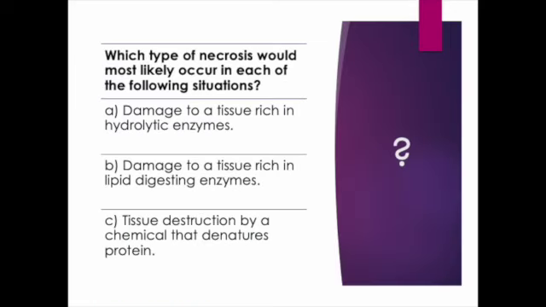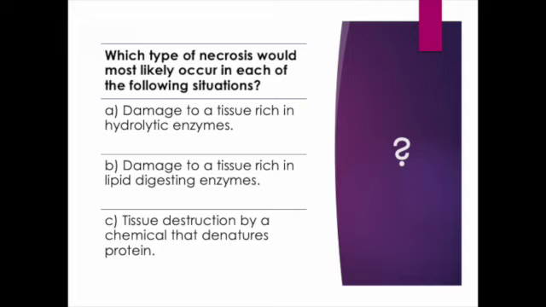So what type of necrosis would most likely occur in each of the following situations? If we have damage to a tissue that's rich in hydrolytic enzymes, what type of necrosis would that be? If you answered liquefactive necrosis, you're correct.